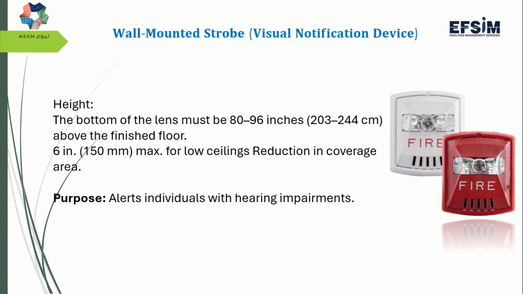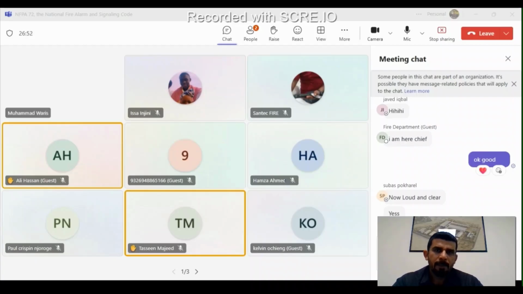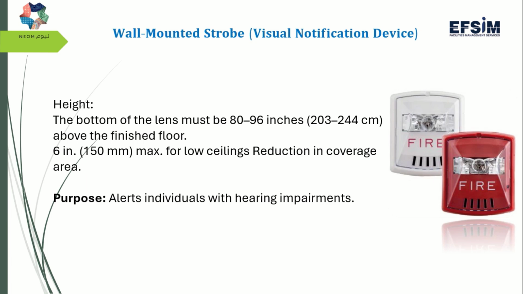But you have to consider the NFPA code reference, that this 6 inch maximum for low ceiling reduction in coverage area. Okay, maximum from ceiling. Alert individuals with hearing impairments, also with light.